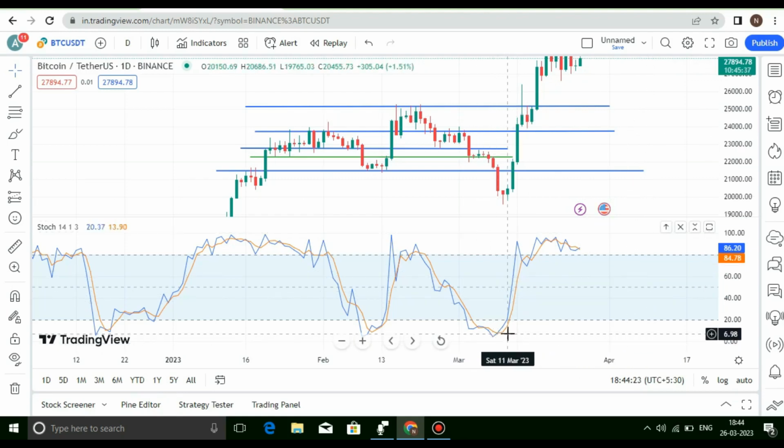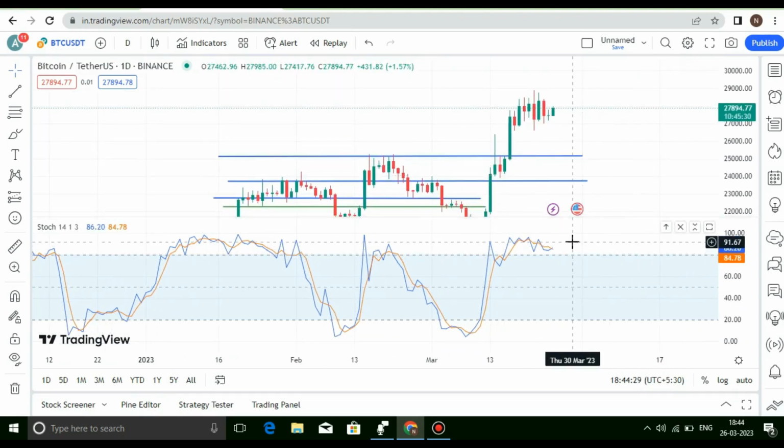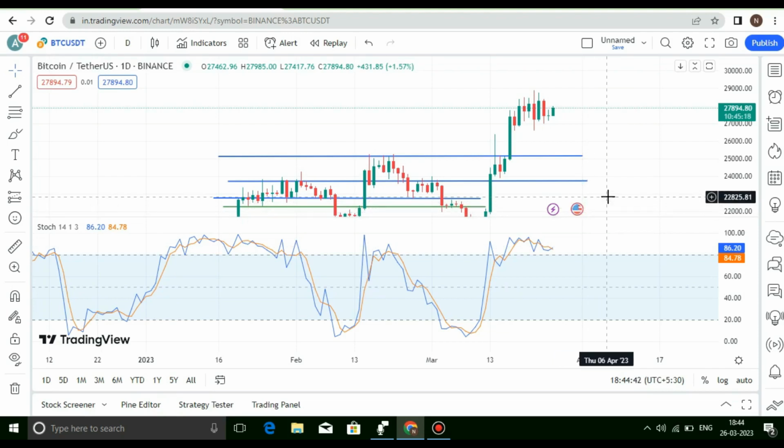Now this is the chart of Bitcoin, and the stochastic oscillator is currently at 85. So can we consider that the market is overbought at this moment? Yes, we can, obviously. So what should we be doing? Are we going to be selling our assets or not? It depends, guys. It depends on many situations.